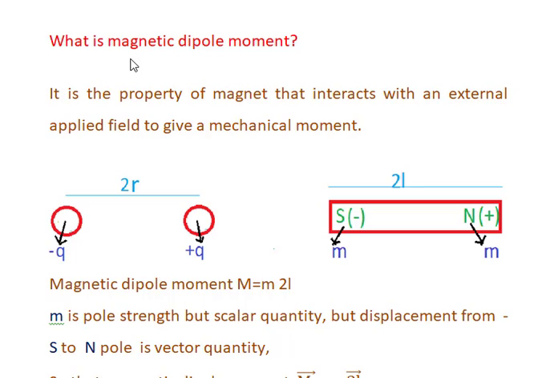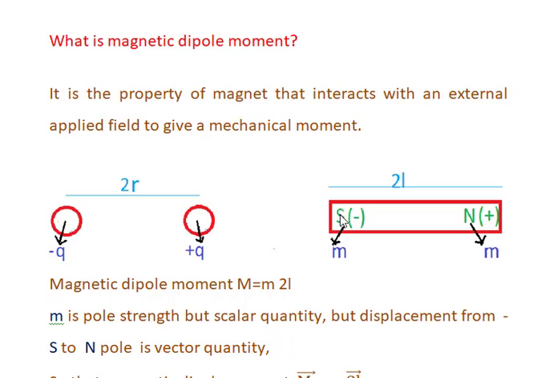In the same way, what is magnetic dipole moment? It is the property of the magnet that interacts with an external applied field, which gives a mechanical moment. In electricity, there are two charges, minus q and plus q, separated by a distance 2r. In the same way, there are two pole strengths.